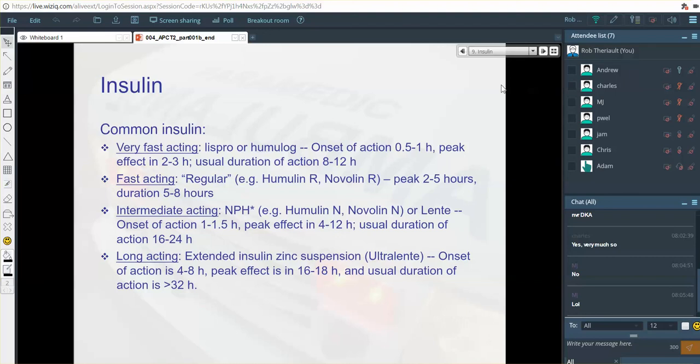So if you take a blister pack with you, don't forget to ask about whether they're on puffers and whether they're on insulin, and then find out what insulins they're on, and what doses they take and what time of day, and so on and so forth.